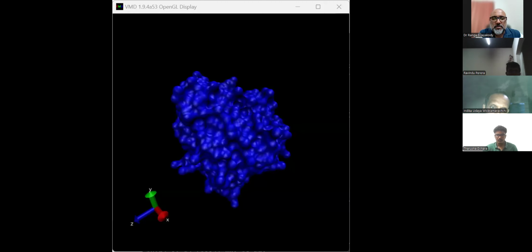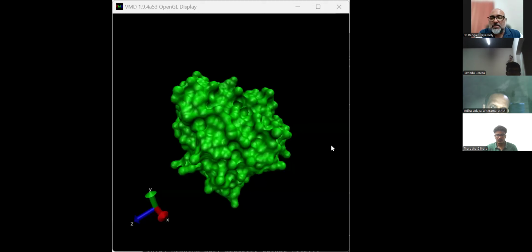First, we look at its three-dimensional structure. Can you see this structure? Yes. Okay, good. Now I can rotate it.